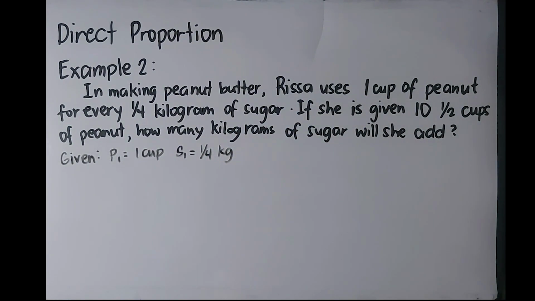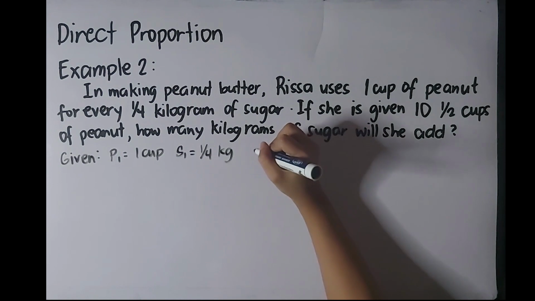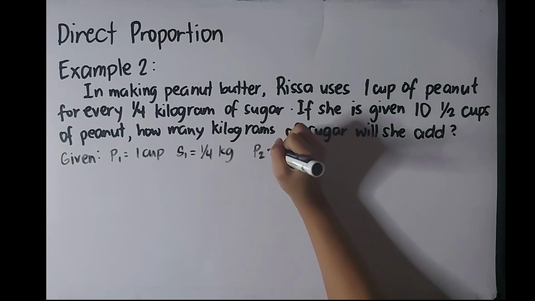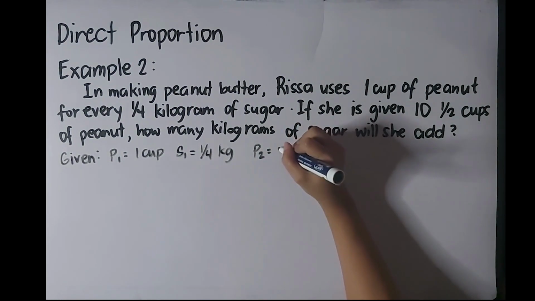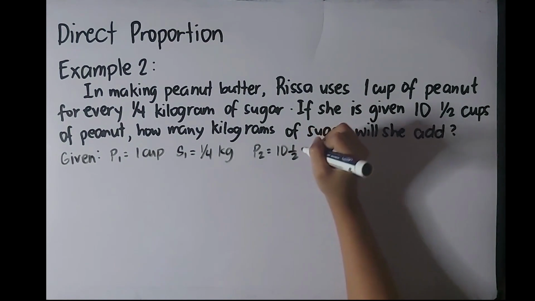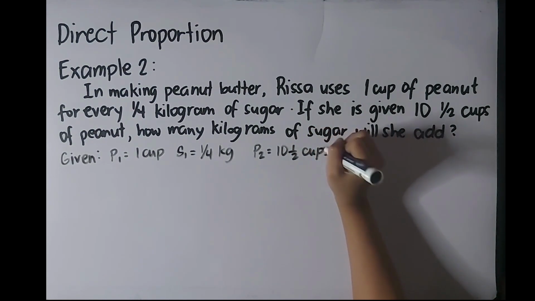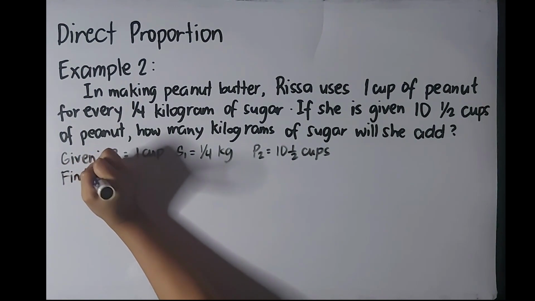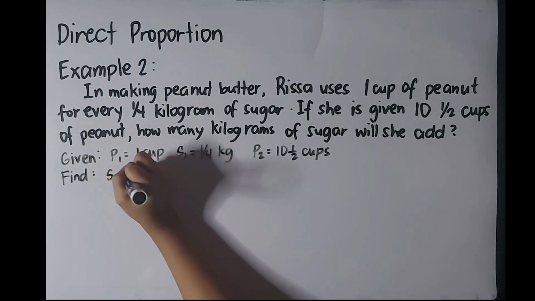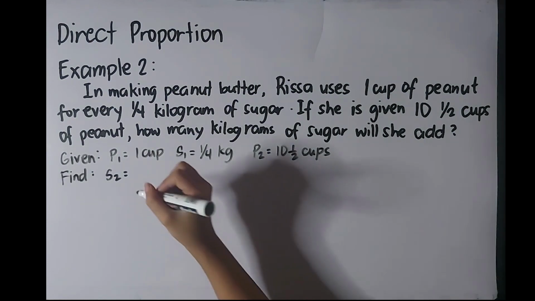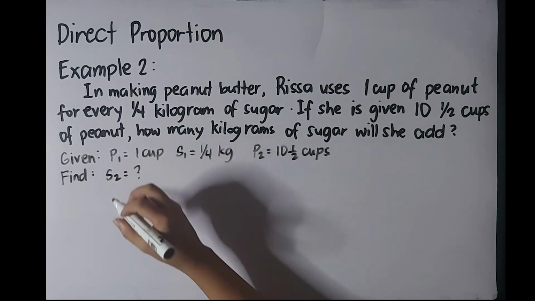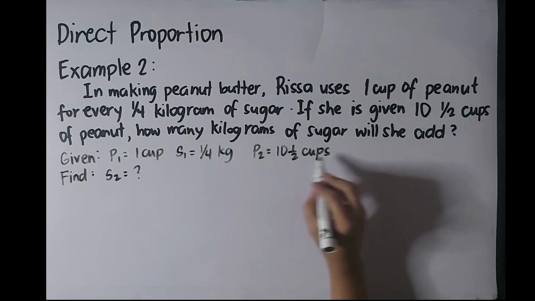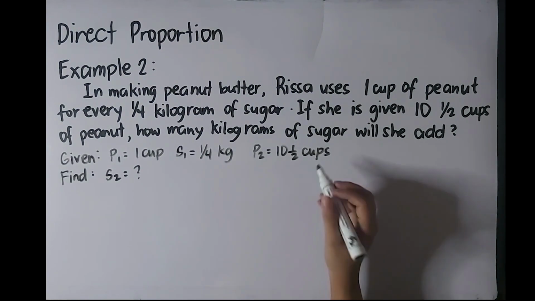So another ratio, when Risa was given more cups, that is 10 and a half cups of peanuts. Now we are trying to solve how many kilos of sugar she needs to make peanut butter with 10 and a half cups of peanut.